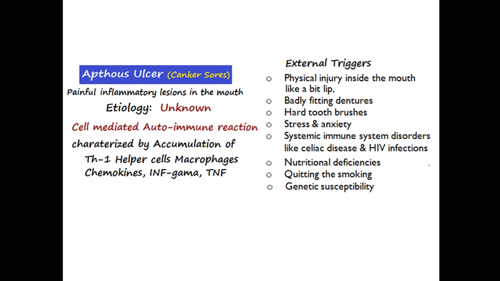And the second trigger is badly fitting dentures. If they do not fit the mouth of the person, they will cause injury and damage to the oral mucosa. Some toothbrushes that we use may be so hard that they cause injury and damage to the oral mucosa. Stress and anxiety. This is very famous, that stress and anxiety cause Aphthous ulcers.